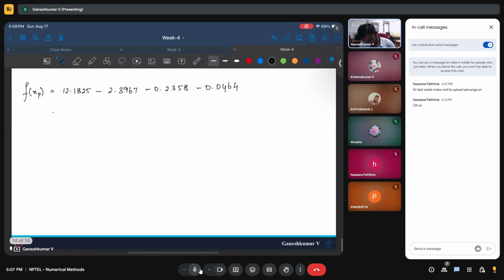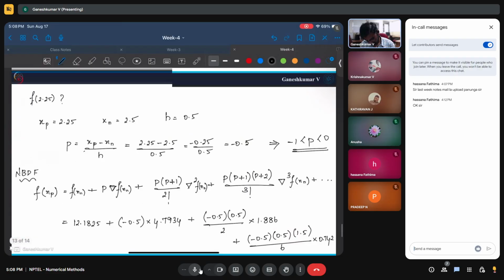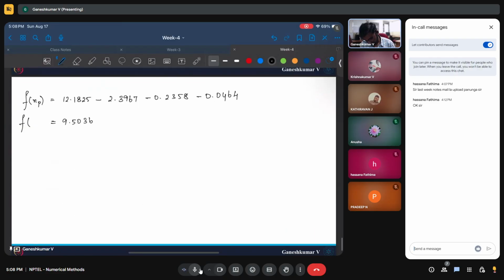Okay, 12.1825 minus 2.3967 minus 0.2358 minus 0.0464. This is 9.5036. Okay, this is your value for what? 2.25. So this is what you get from the backward difference formula.